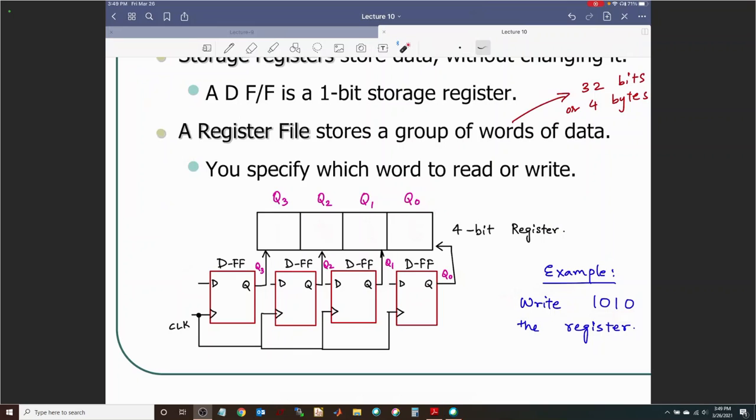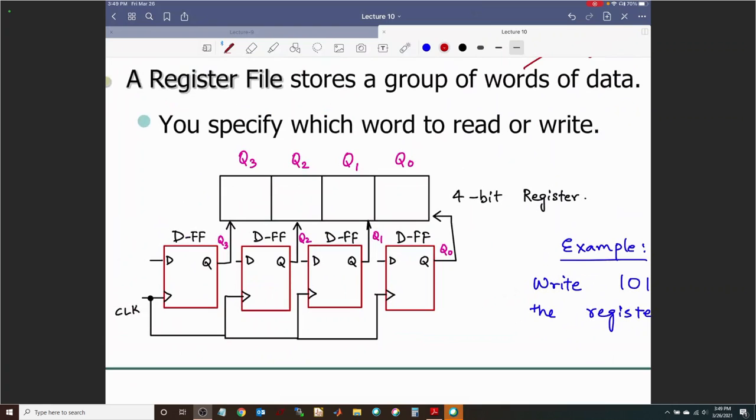So Bennett says set the D's to the right values and wait for the rising edge of the clock. Perfect. That is absolutely right. If I want Q3 to become a 1, I need a 1 to go there, a 0 to go there, a 1 to go there, and a 0 to go there.